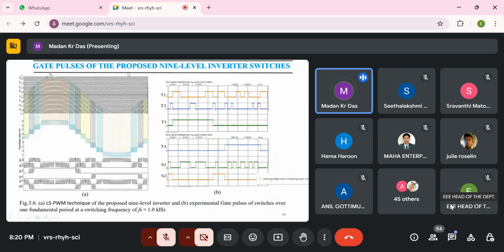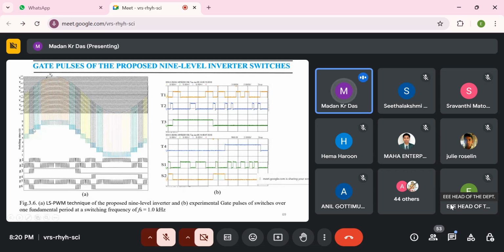And now for the 9-level inverter we have used the level shifted PWM technique, meaning a total of N minus 1 carrier signals. N minus 1 means 4 for 9 level, no? So 4 carriers will be used, 4 positive and 4 negative. So in total 8 carriers we have used. So it generates the 9 levels here.